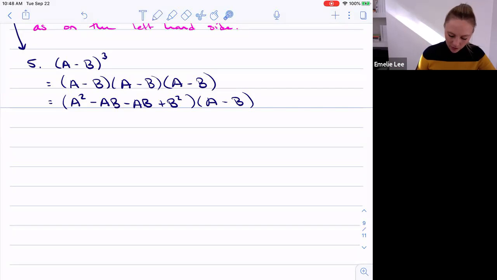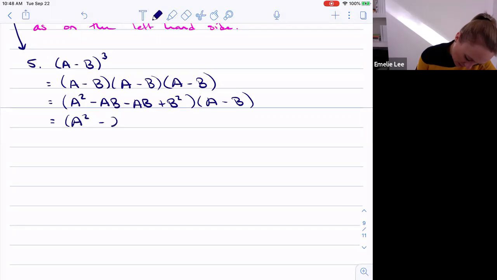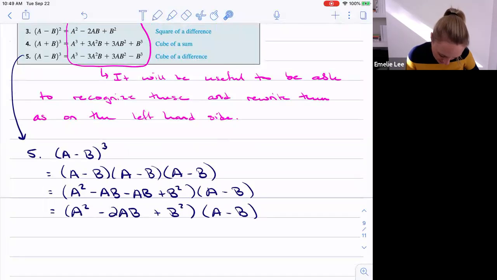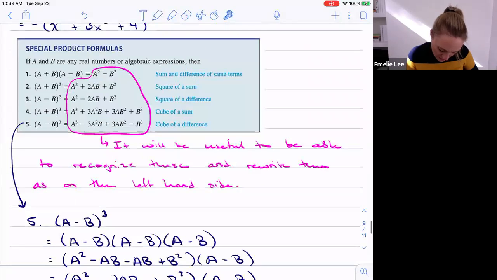I'd say probably simplify this one before I expand it onto a minus b again. So then I have a squared minus 2ab plus b squared, times a minus b. Notice that this here, a minus b squared, is one of these special products. A minus b squared is a squared minus 2ab plus b squared.